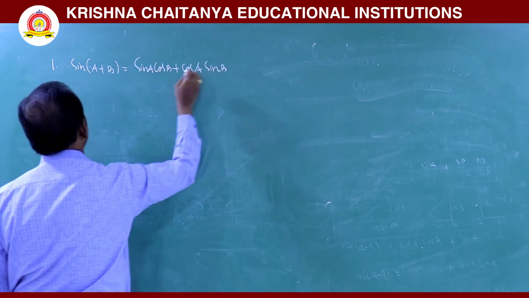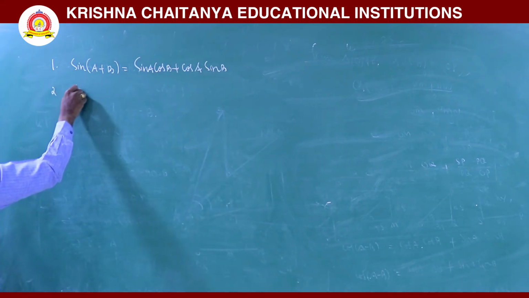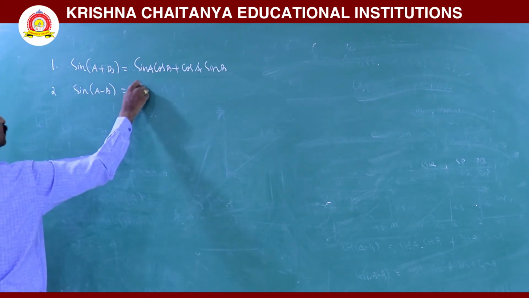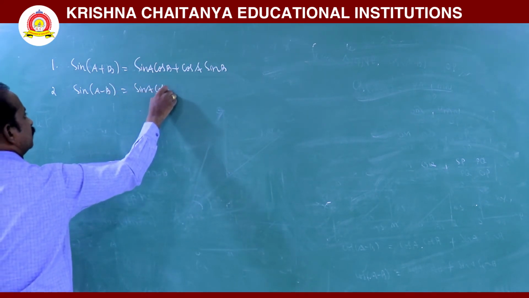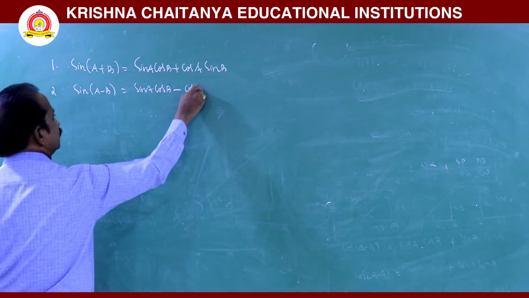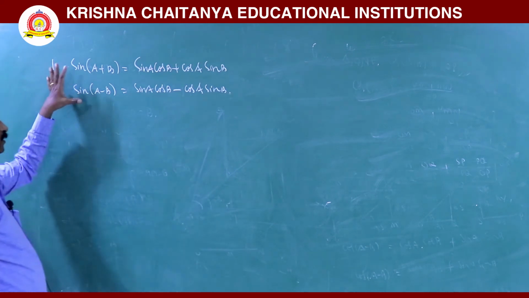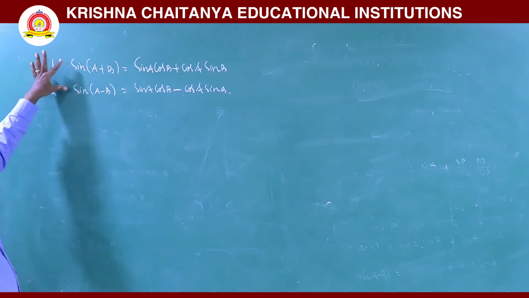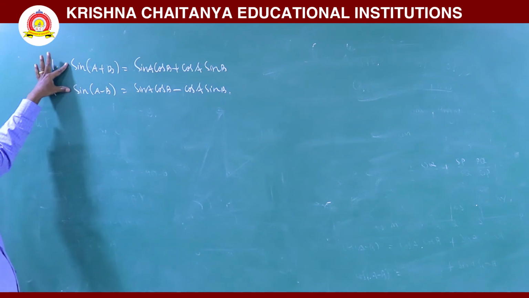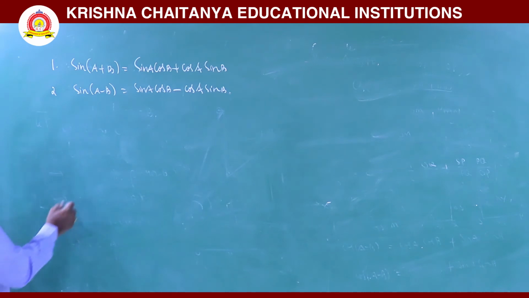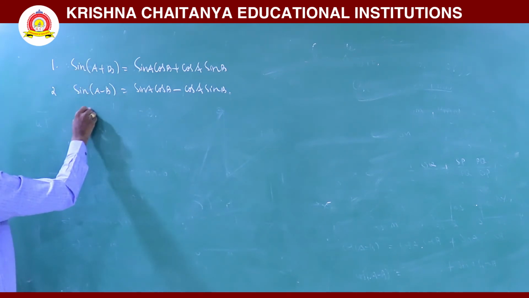Sin of a minus b is sin a cos b minus cos a sin b. Already we know these two basics. If you add these two, we get one basic. Subtract these two, we get another basic. Product, we also get another basic. So, application of these two basics.